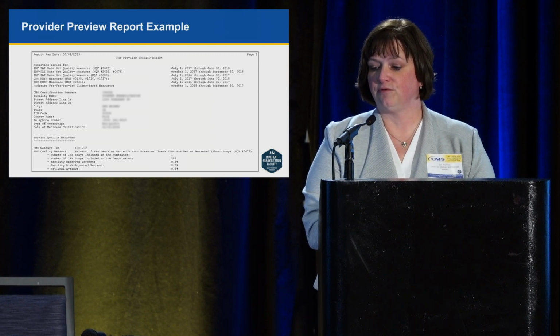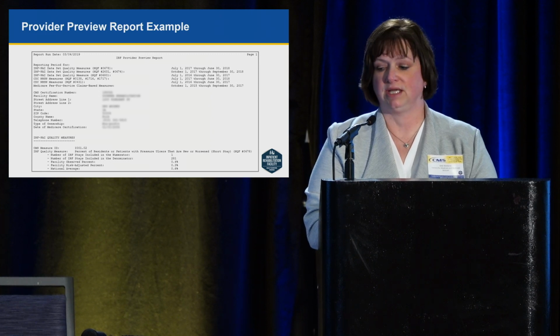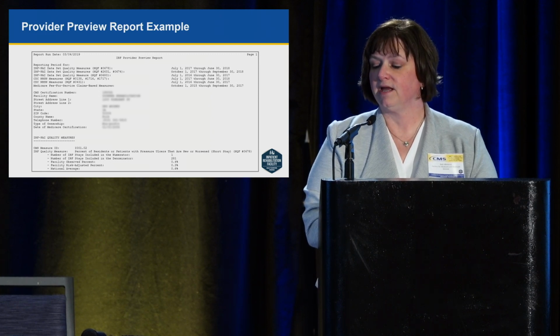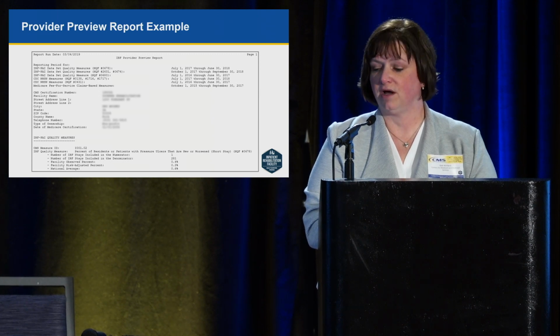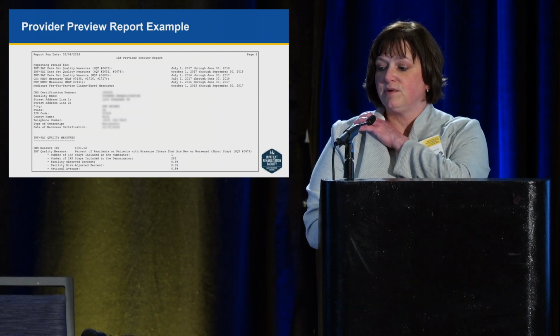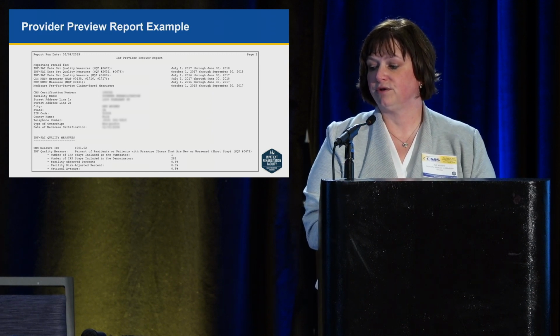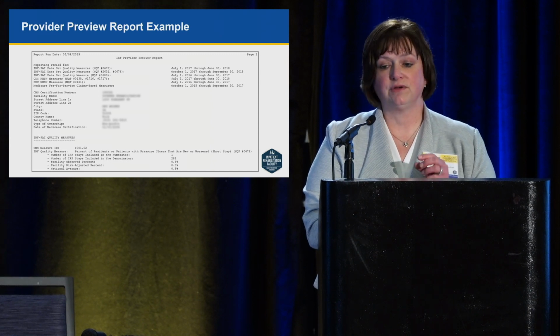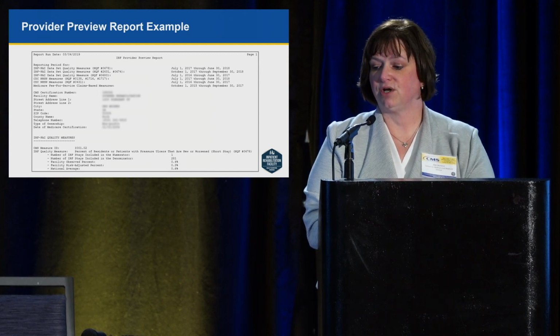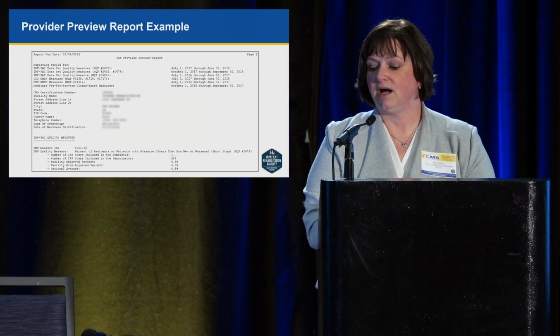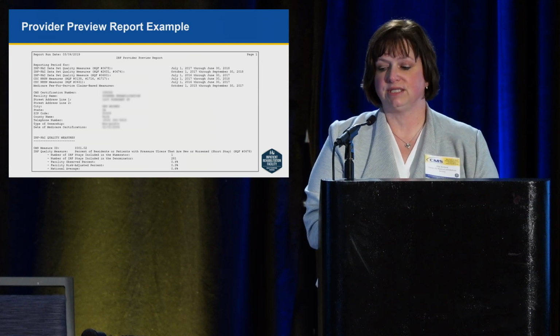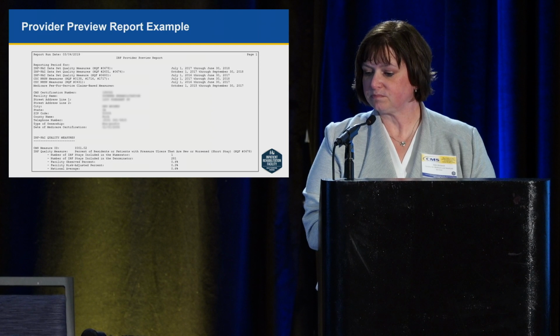So for example, for the first measure, 0678, which we know is the pressure ulcer measure, on this particular preview report and for the upcoming IRF refresh, the reporting period dates will be July 1st, 2017 through June 30th, 2018. So you can cross-reference the NQF numbers that are listed at the top to the numbers that are listed in the data results below.